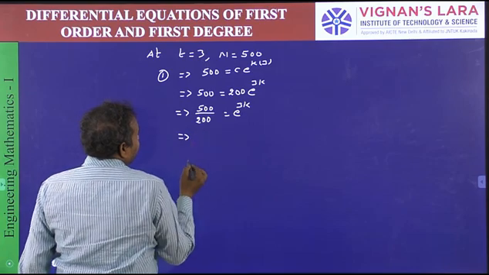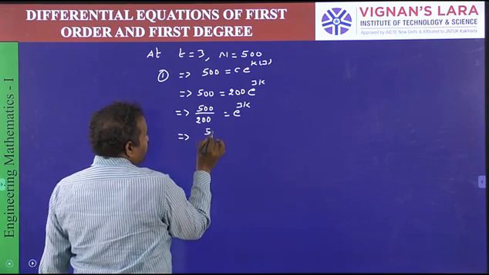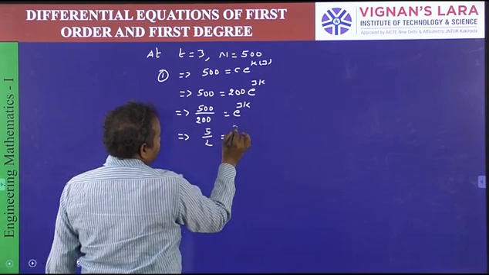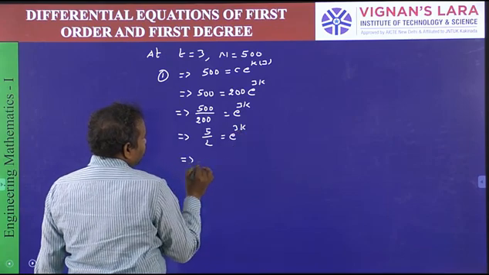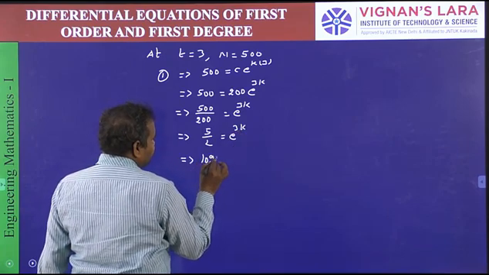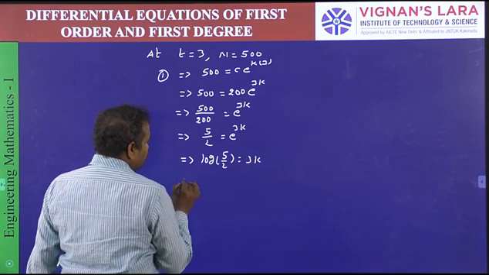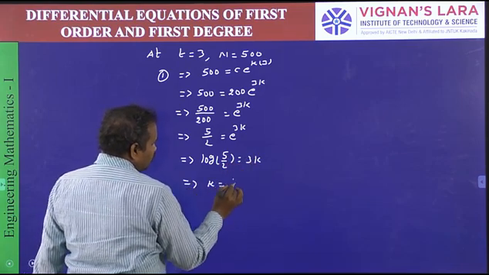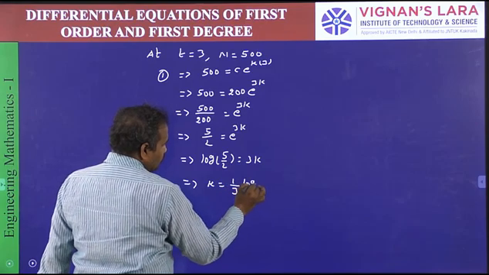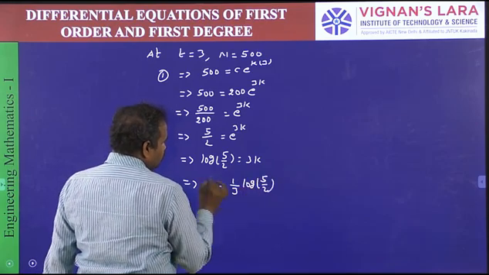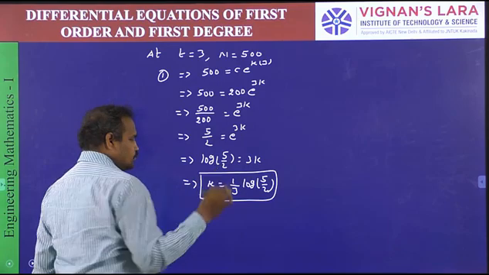That implies 5 by 2 is equal to e power 3k. Exponential comes to the left hand side: log of 5 by 2 is equal to 3k. From this, k is equal to 1 by 3 into log of 5 by 2. So I got the other unknown also.